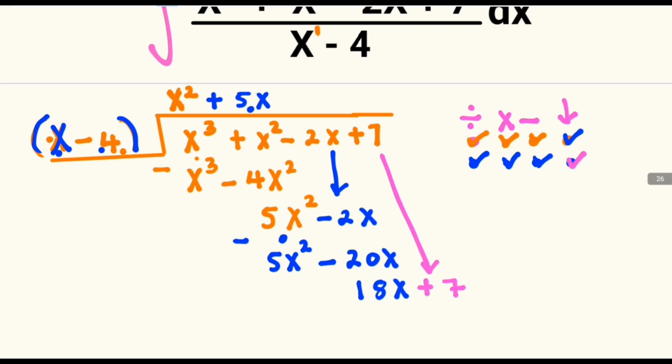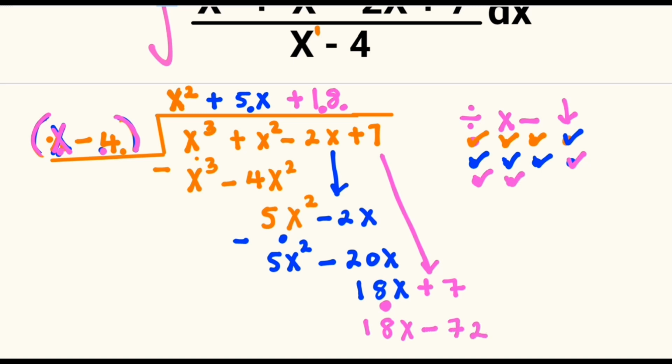So now that we just dropped down, we start with the circle. The 18x divided by that x will be equal to positive 18. So we divided, now we have to multiply. The 18 multiplied by the x minus 4, so that 18 multiplied by the x will be equal to 18x. The 18 multiplied by the negative 4 will be equal to negative 72.